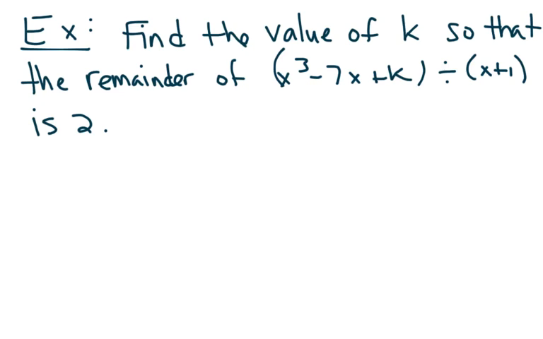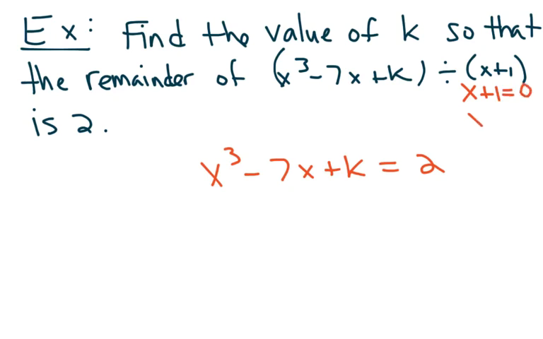Now, we're going to set this polynomial equal to 2 because the way the Remainder Theorem works, it says if you take the divisor, set it equal to 0, and solve, and then you take that number and you plug it into a polynomial, the answer you get is the remainder.